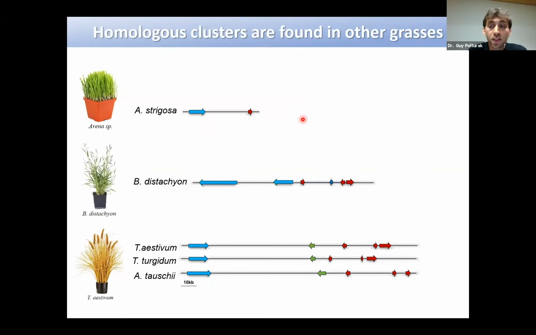We then looked further into the homologous-looking cluster from Brachypodium distachyon to see, first of all, if it really makes an active cluster, and also if it shares any commonalities with the wheat cluster, which I presented.